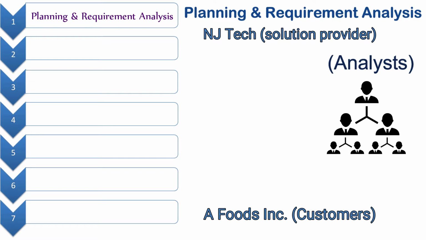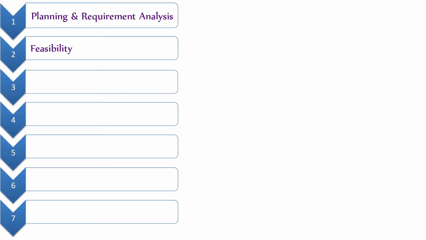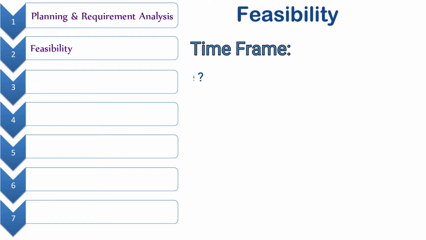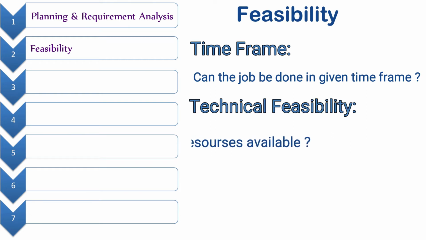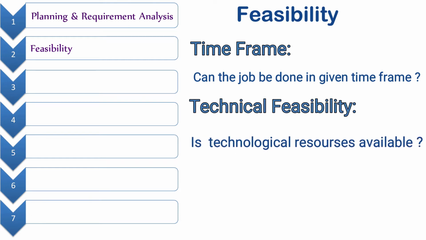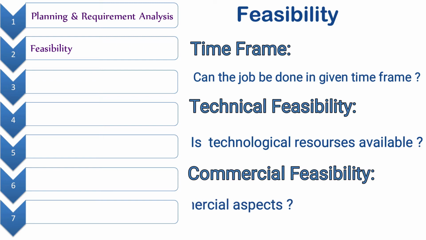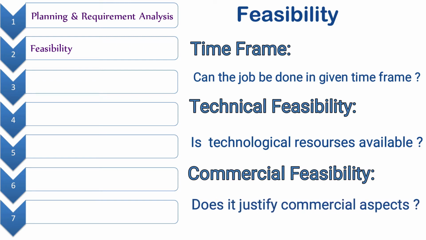Once the requirement is analyzed, the feasibility of the job is worked out with various factors like time frame. It means, can the job be done in the given time frame or not? Is everything possible with available technological resources? Does it justify the commercial aspect for the efforts placed, etc.?